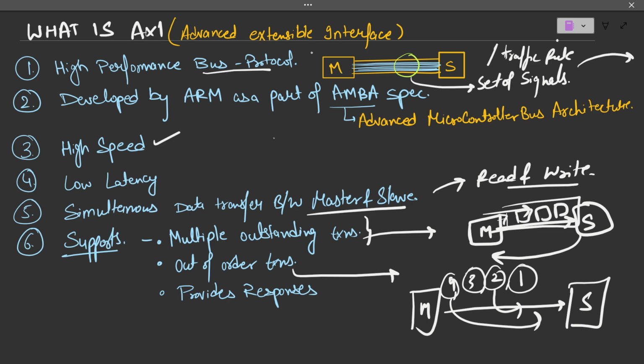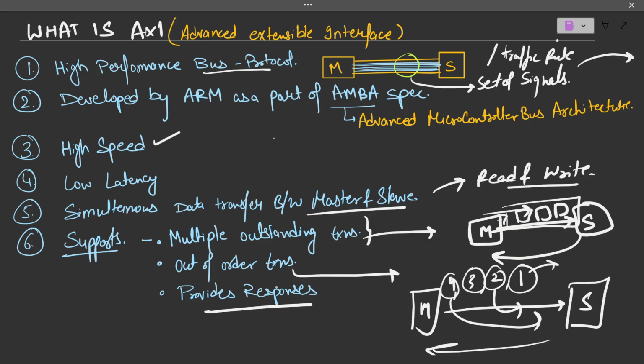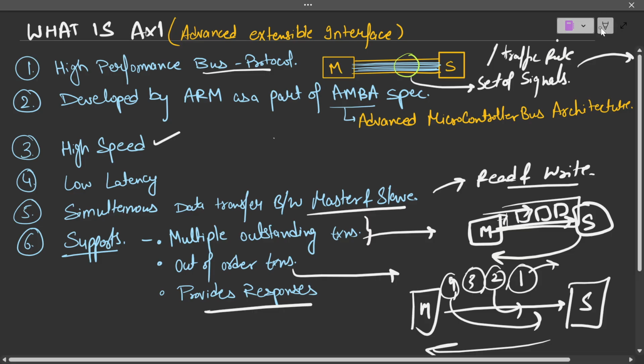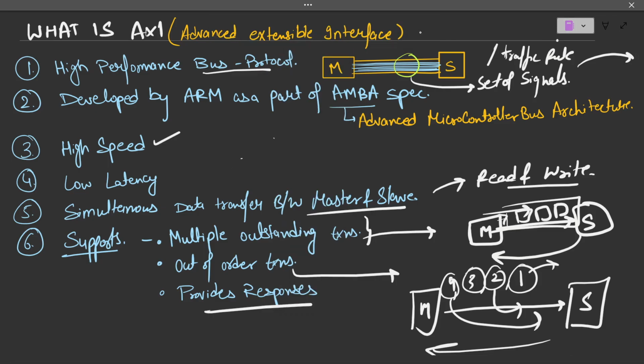So AXI supports this. It doesn't matter which transaction you send first. If another transaction completes first, AXI will let you know with the response. So it also provides you a response. AXI provides us responses that this particular data sent by you is being processed. It gives you the confirmation by sending responses.